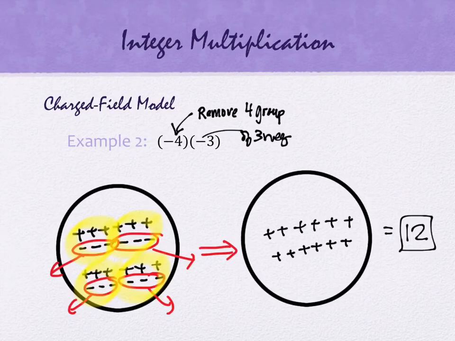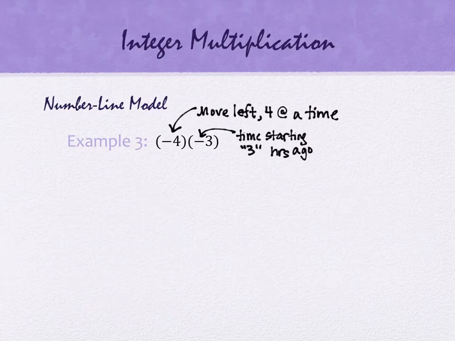So over here when we were looking at our charged fields model and the chip model, we started with 0, right? And we put things in so that we could actually remove stuff. On the number line model, our goal is to end at 0. Okay?